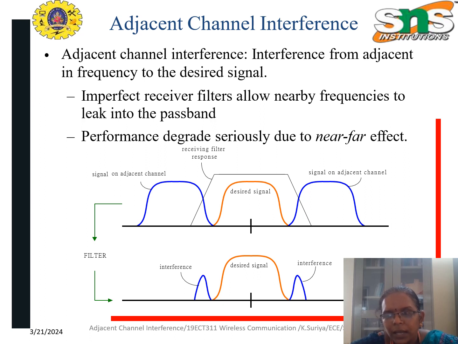The reason behind adjacent channel interference is multiple channels close to each other communicating using similar frequencies. This is one reason, and the other reason is irrelevant power emission from adjacent channels. So these two are the reasons for adjacent channel interference.